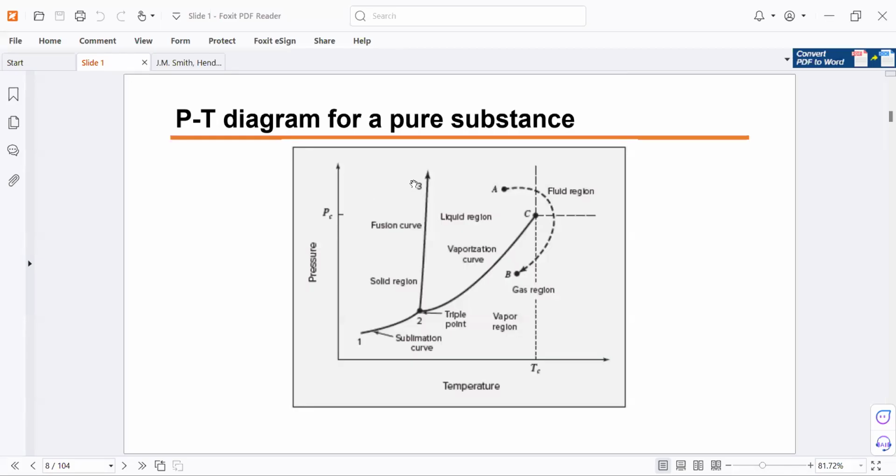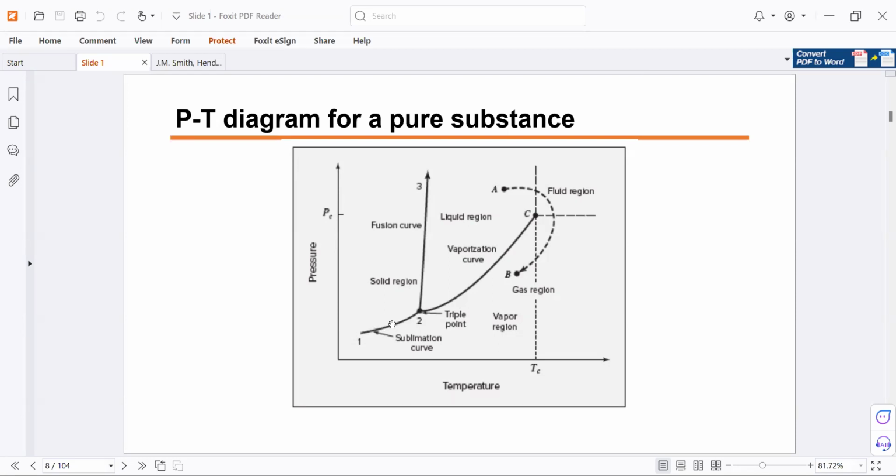One thing about these curves or lines is that they have single degrees of freedom. So F equal to 1 for any point on this line. What do I mean? If the point lies on the line, say, for example, the sublimation curve, that's a mix between a solid and a vapor.